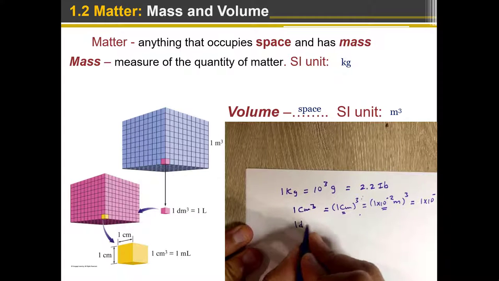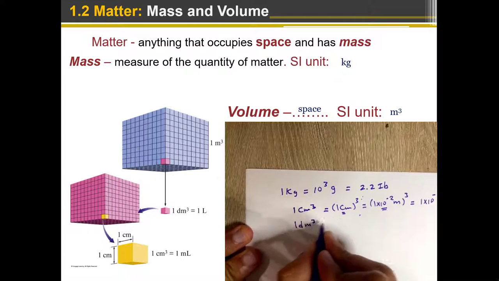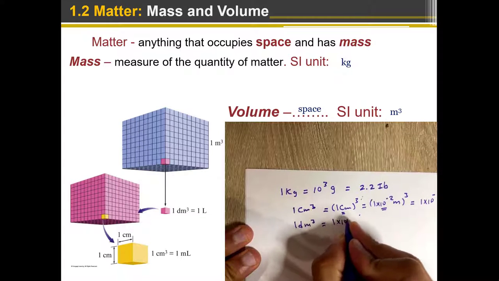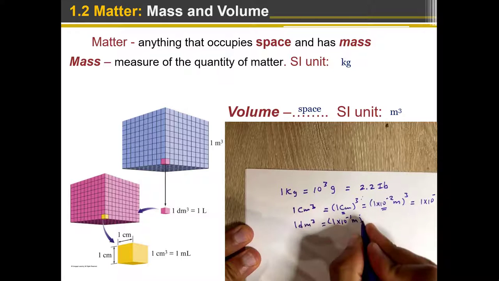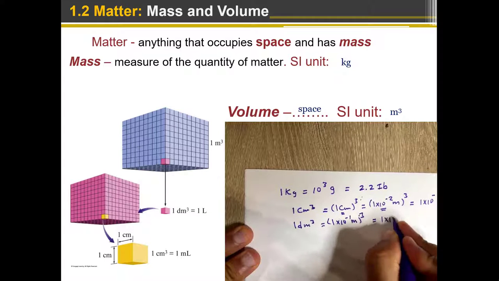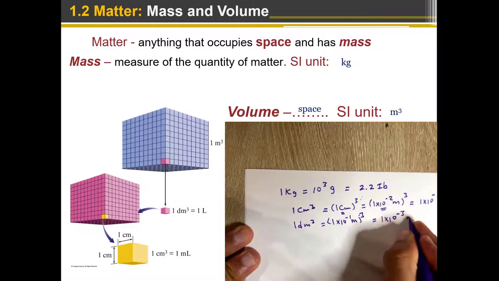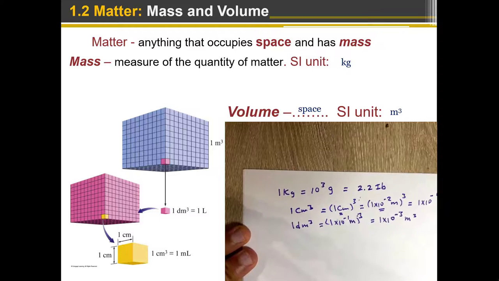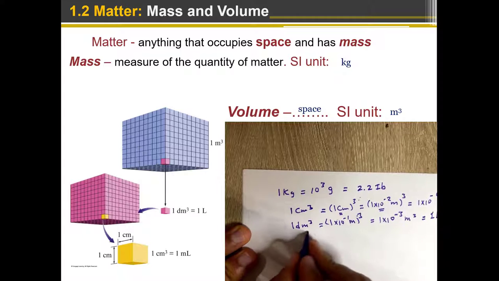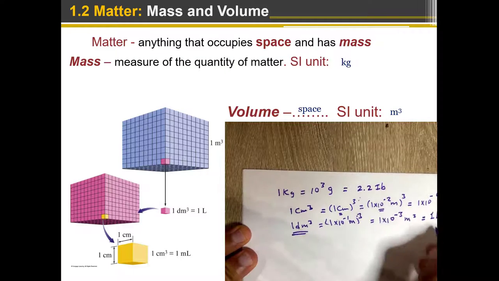1 decimeter cubed is basically 1 times 10 to negative 1 of a meter, cubed, or 1 times 10 to negative 3 of a cubic meter. That's actually exactly equal to 1 liter, which means 1 cubic decimeter equals 1 liter.